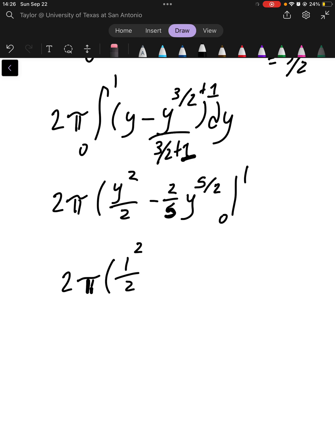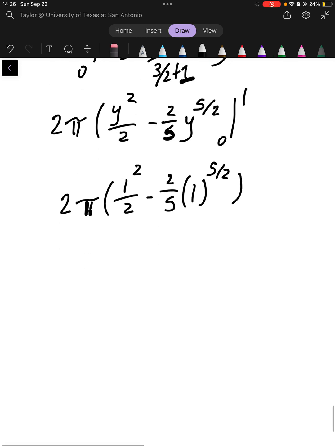1 squared over 2 minus 2 over 5 times 1 to the 5/2, which gives us 2 pi times 1/2 minus 2/5.